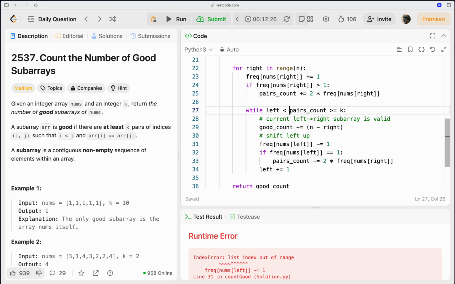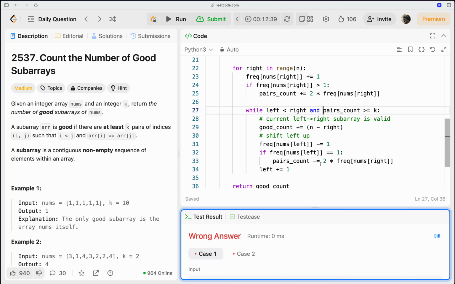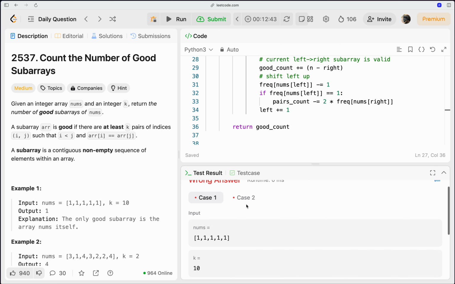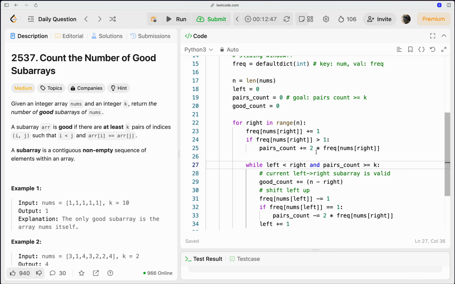While left less than right. Yeah, maybe something like that. This is interesting.